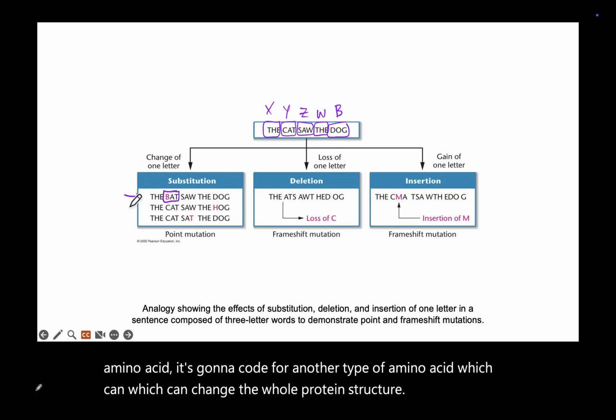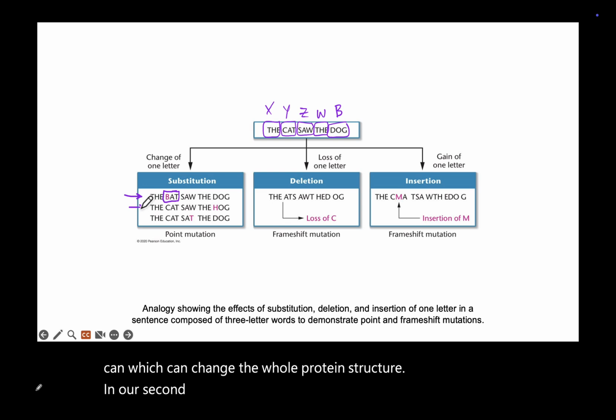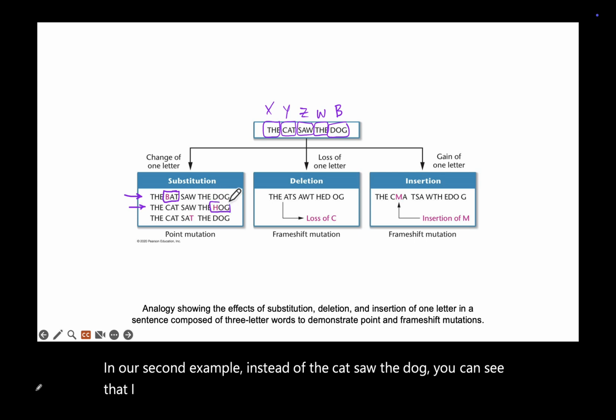In our second example, instead of the cat saw the dog, you can see that I changed the letter in the last triplet codon. And now we have the cat saw the hog.